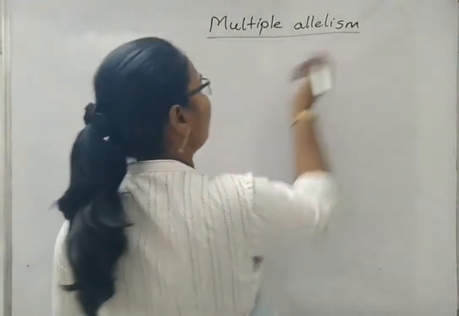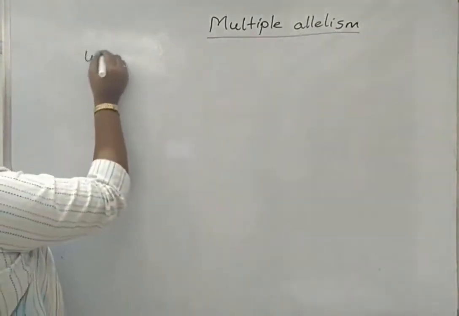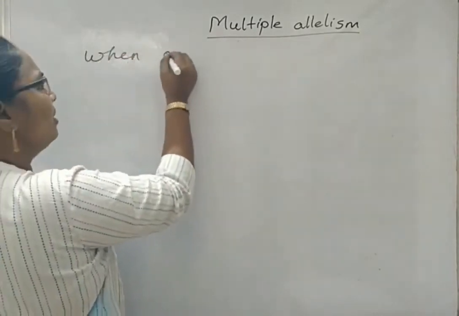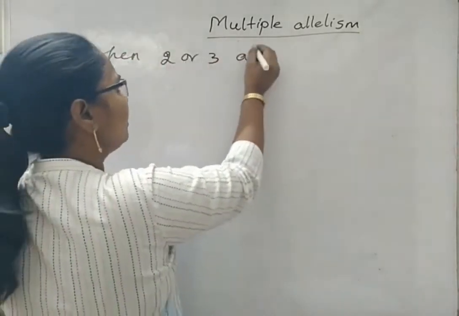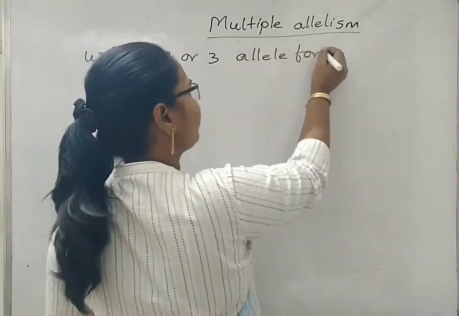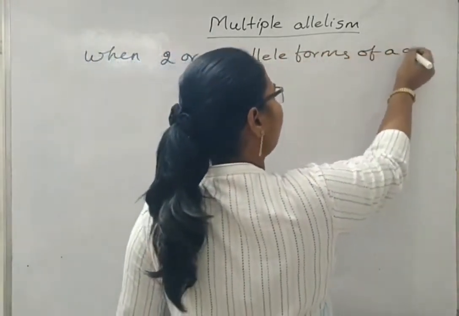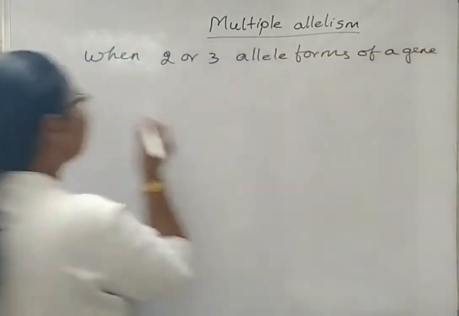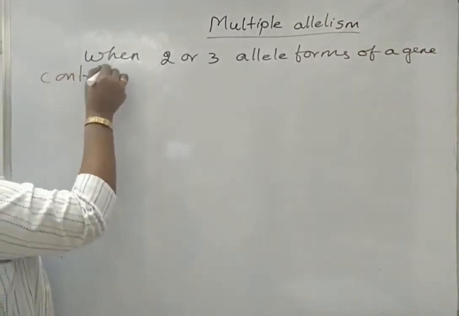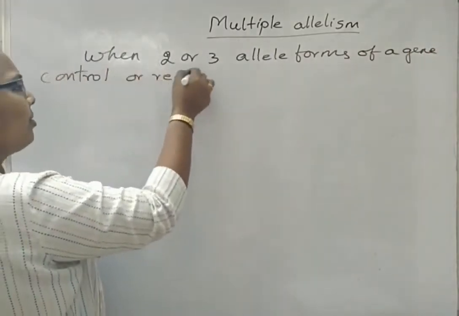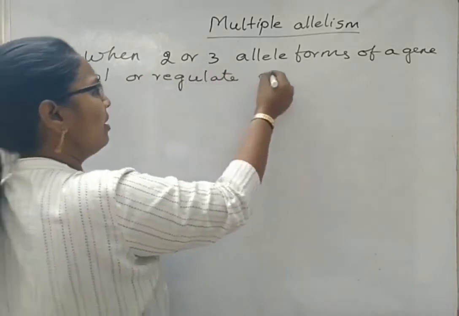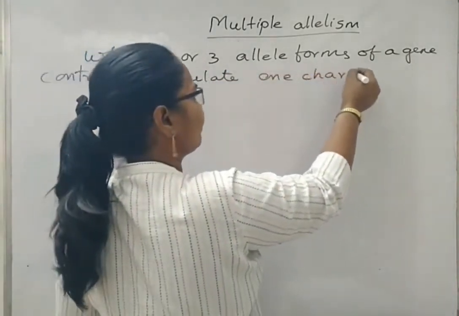So, multiple alleles. When two or three allele forms of a gene control or regulate one character.